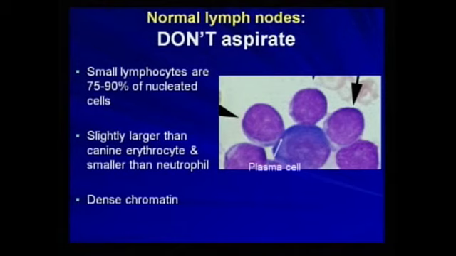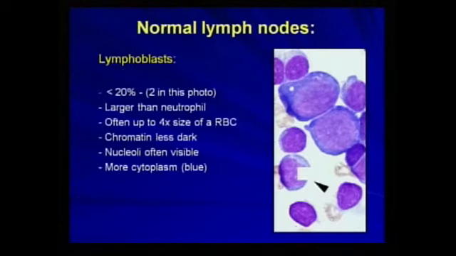Even if you have dealt with a mast cell tumor recently, if the lymph node is normal, the chances of coming up with metastasis on an aspirate is minimal. As we said before, the number of lymphoblasts is generally less than 20% in a normal lymph node.